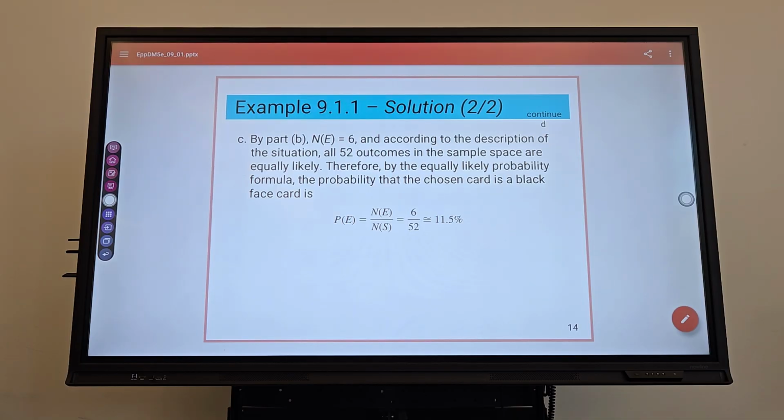So by part B, N(E) = 6. According to the description of the situation, all 52 outcomes in the sample space are equally likely. Therefore, by the equally likely probability formula, the probability that the chosen card is a black face card is 6 divided by 52, or approximately 11.5%.